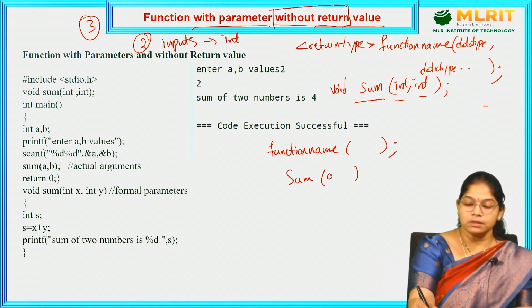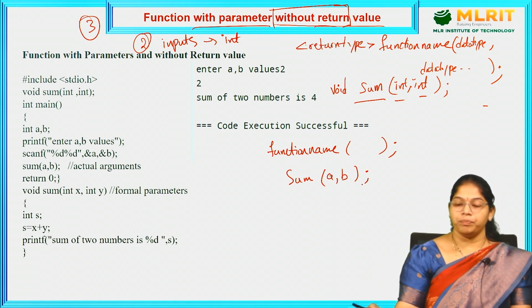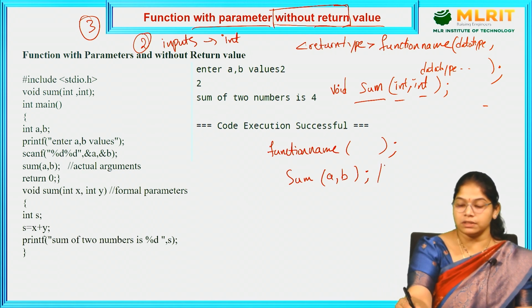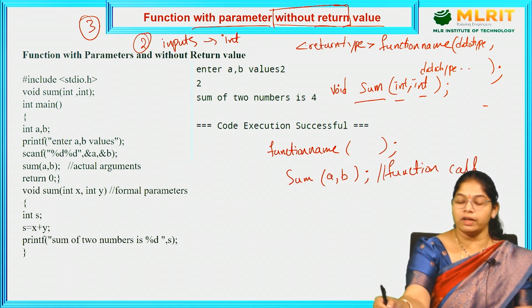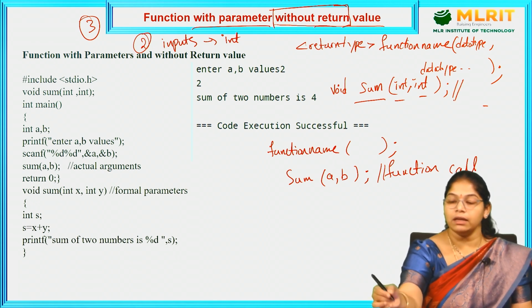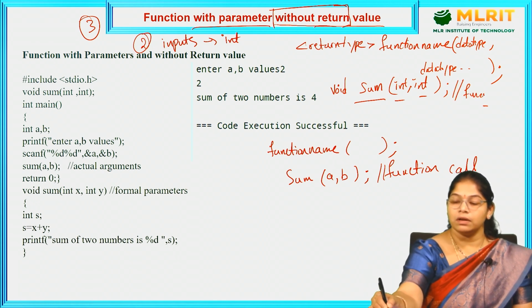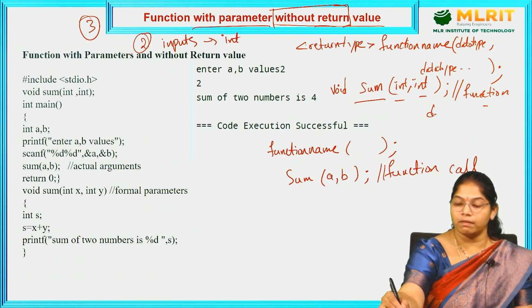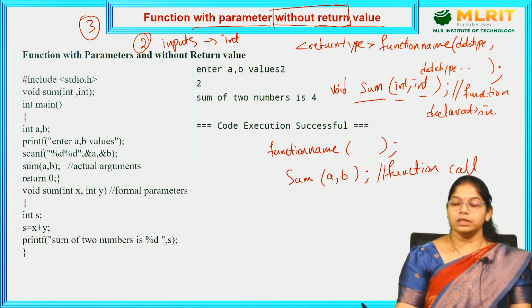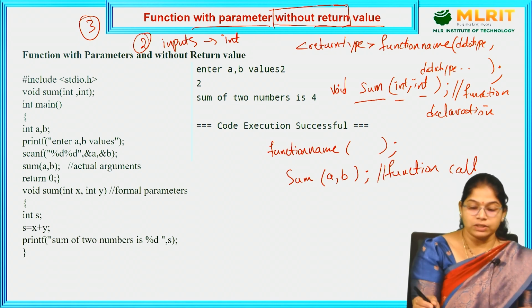Two inputs only, and we'll give the variable names. Generally we'll call the function inside the main. Function declaration will be written above the main. Then function definition.